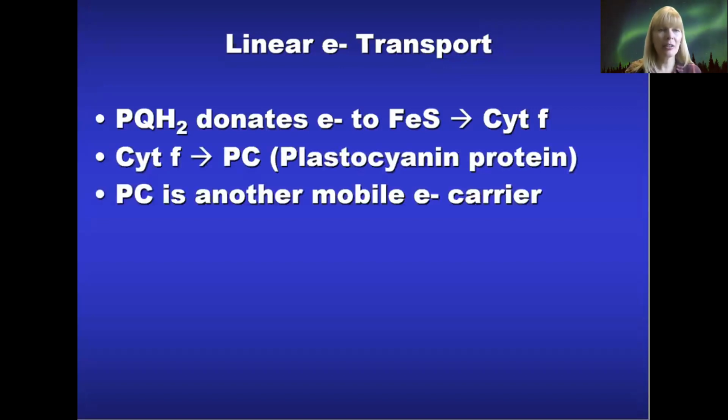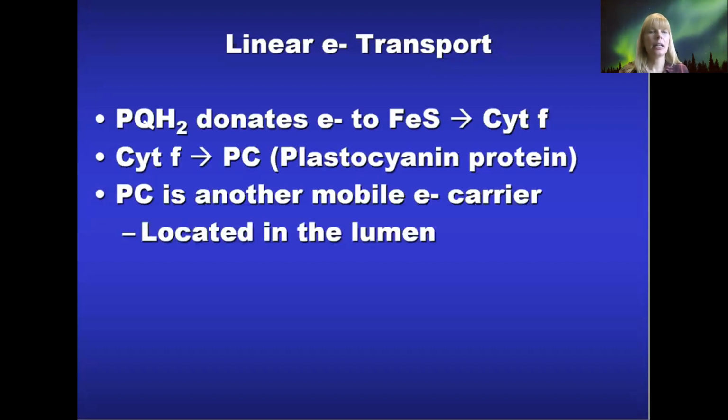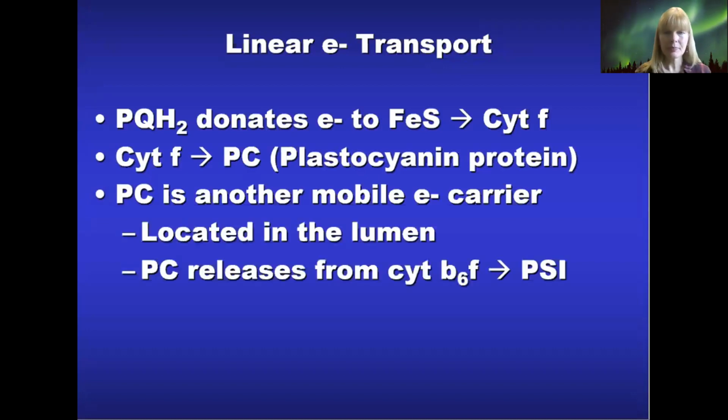So here we are, plastocyanin comes along, bumps into photosystem 1. And now we're at a critical juncture, because photosystem 1 can take that electron from plastocyanin, but only if it's already been hit with light and one of the chlorophyll pigments in the reaction center has lost an electron.